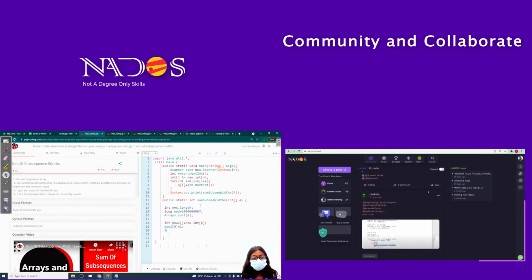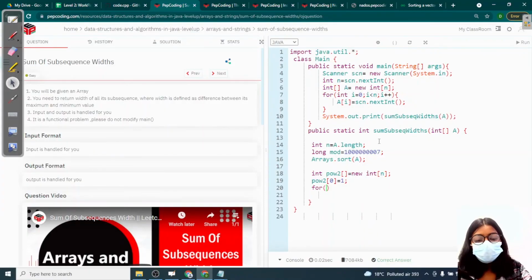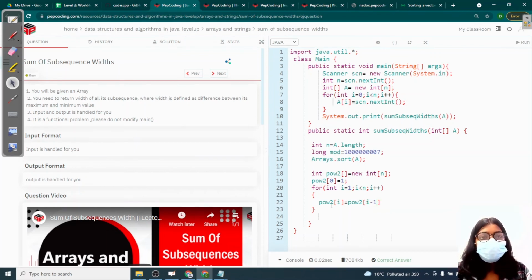Now for int I equal to 1, I less than n, I plus plus, power 2 of I is equal to power 2 of I minus 1 multiplied by 2, because 2 raised to the power 1 is 2 raised to the power 0 multiplied by 2.